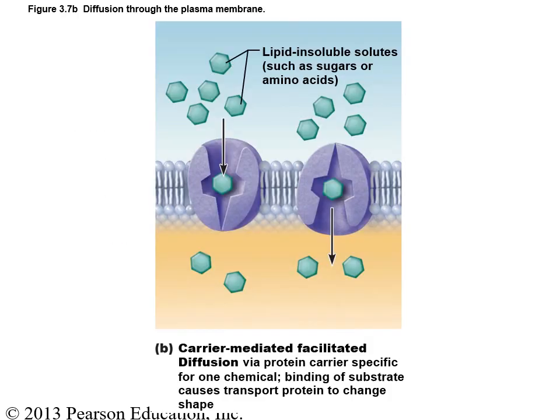This is a look at carrier-mediated facilitated diffusion, where you have a specific protein carrier that will allow one chemical to get through, and there's actually binding sites that allow this substance to enter and exit the cell.